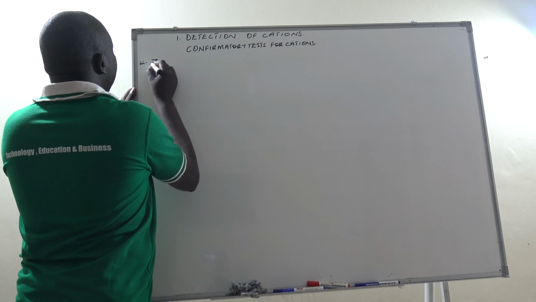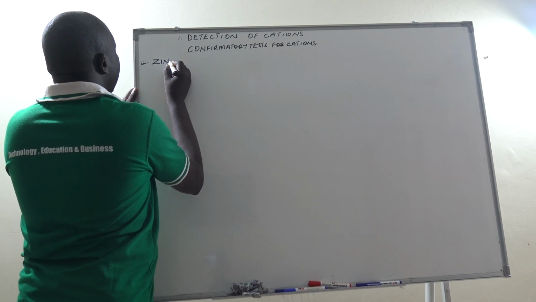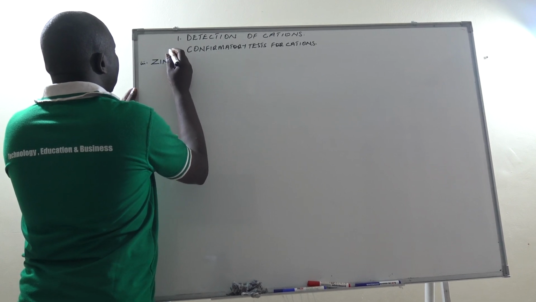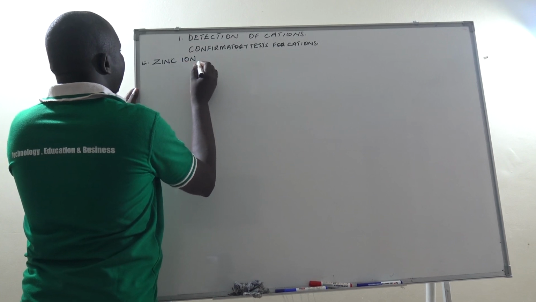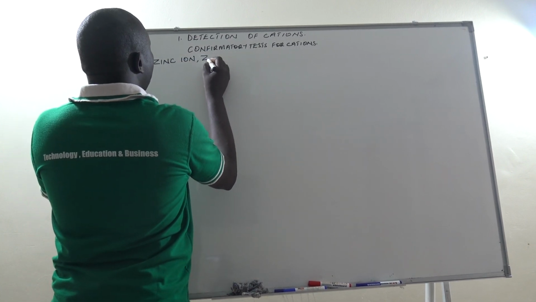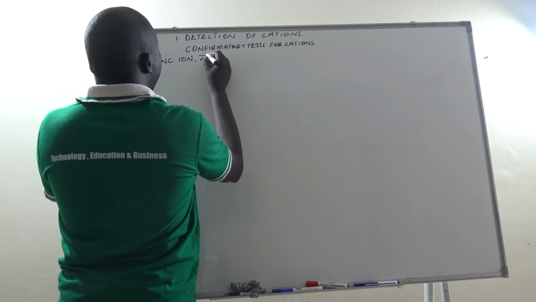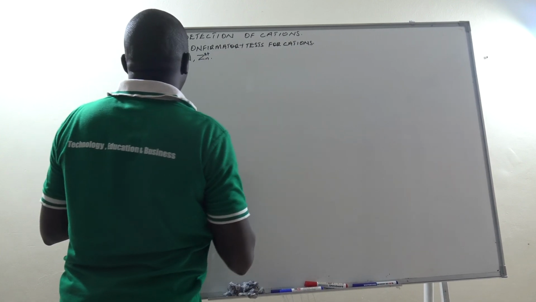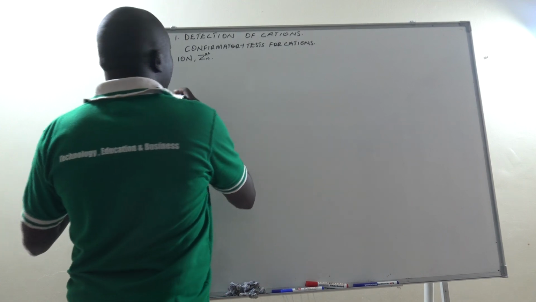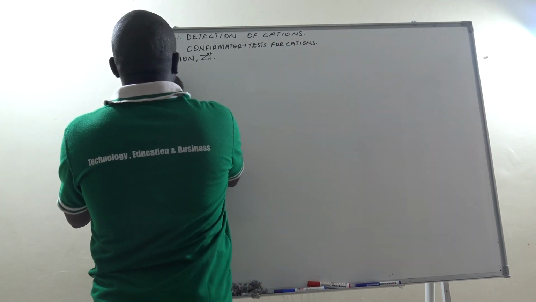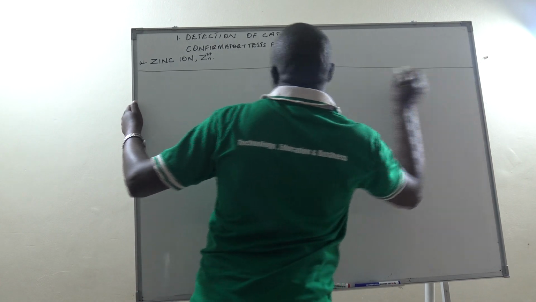Let us look at zinc ion, which is part of our ZAP. We had already looked at this one here. So the confirmatory test for zinc ion. Let me maintain our table for test, observation and deduction.